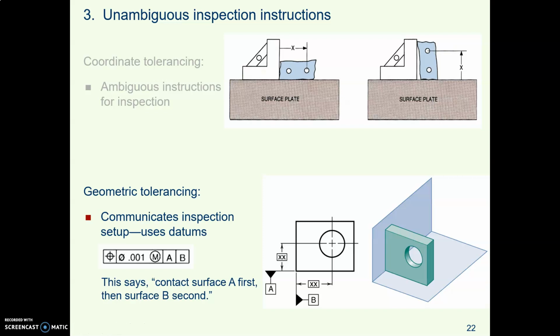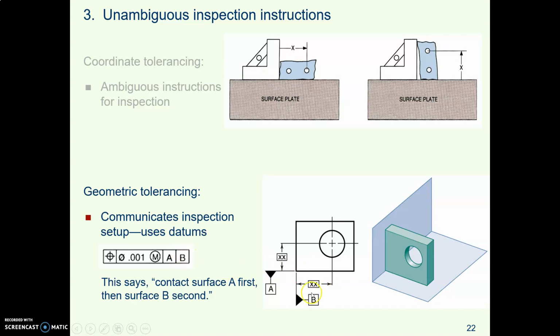What we do in GDT is we use datums. So here is a feature control frame. This says, locate the position of this hole within this tolerance zone, and A and B are telling them A comes first, so it says put surface A on that surface plate first.